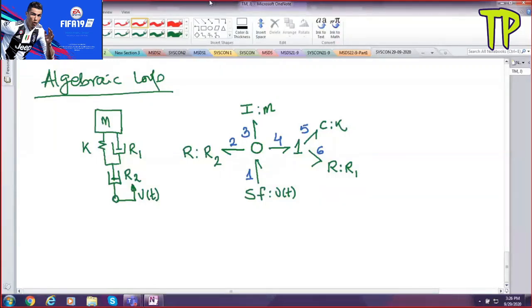So let's put causality. Start with the source. Give causal stroke to the source. We cannot propagate it.